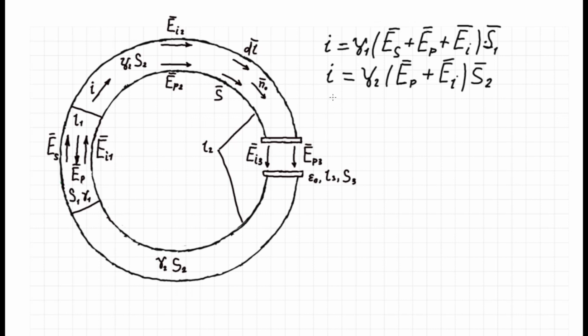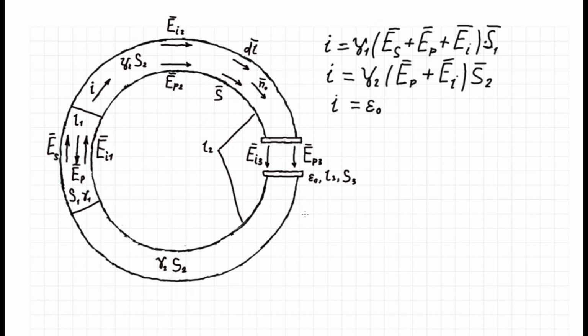We write the third equation for this capacitor. E equals here the conductivity which is present in the previous two parts of our scheme. In this part we have permittivity, designated by epsilon 0.